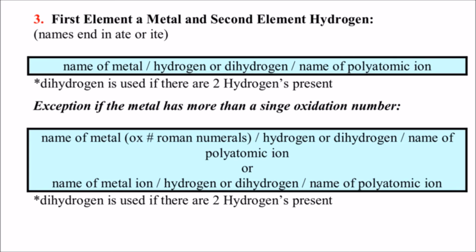Then you say hydrogen or dihydrogen if there's two of them. And then we say the name of the polyatomic ion using our any-outie rule. That's, of course, for the systematic name. And then we can do a common name if the metal has a metal ion name. Everything else just stays the same.